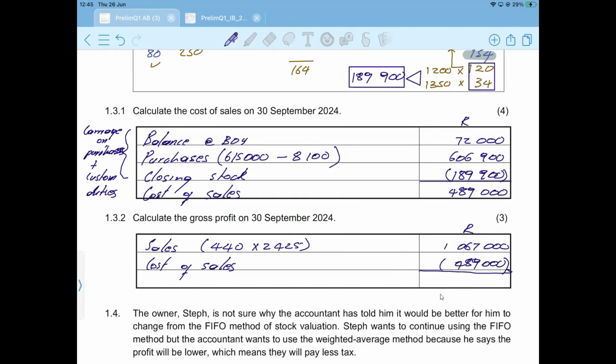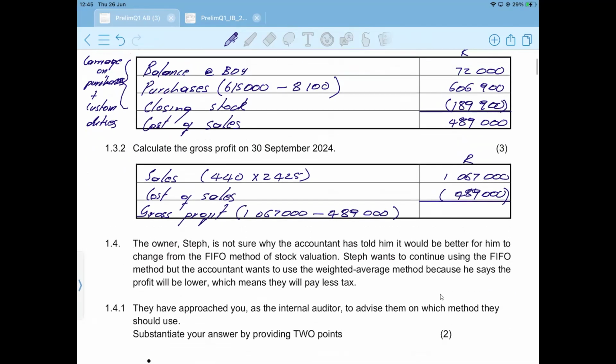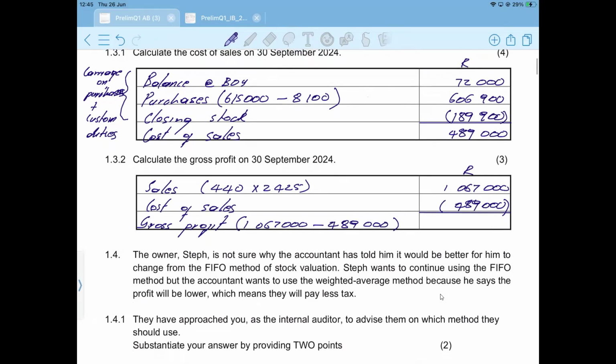And this will give you your gross profit of 578,000.